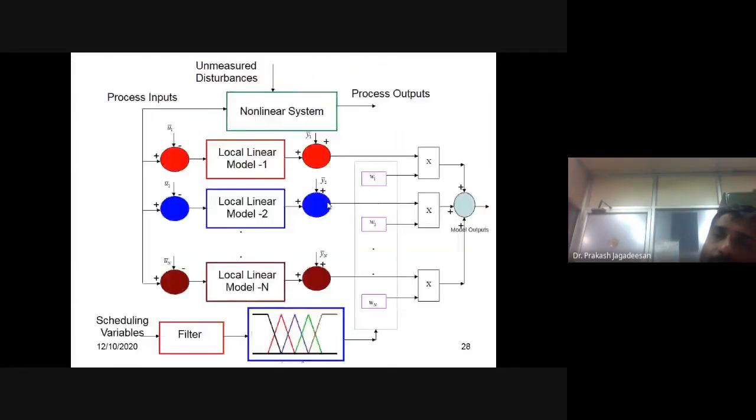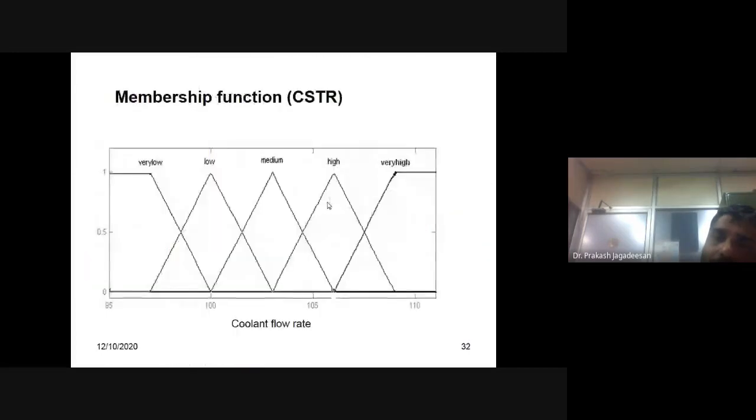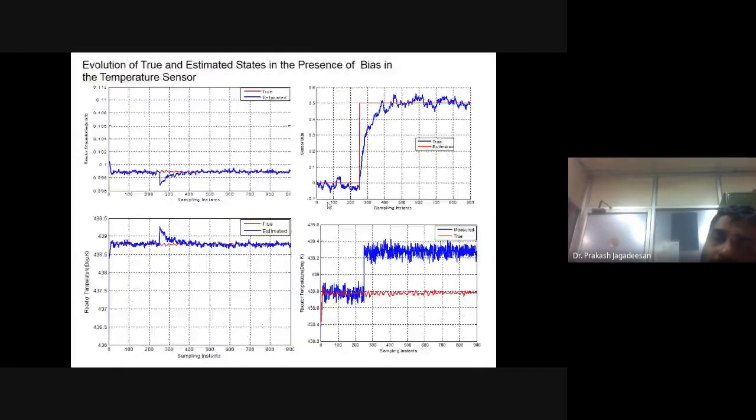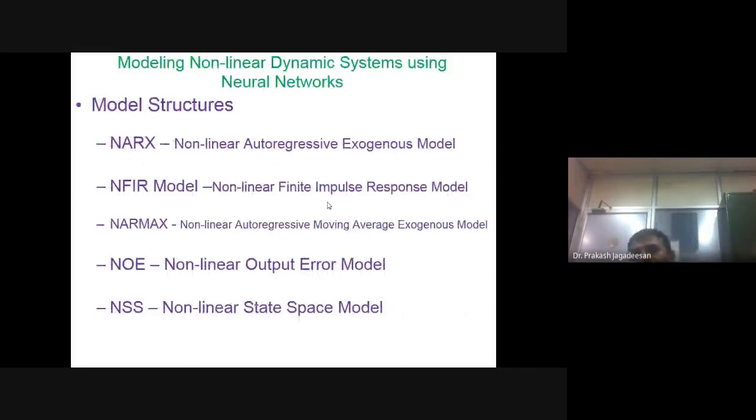Okay, so I'll move to the third part if there are no questions. There are different nonlinear input-output model structures proposed in the literature. I've listed those model structures first.